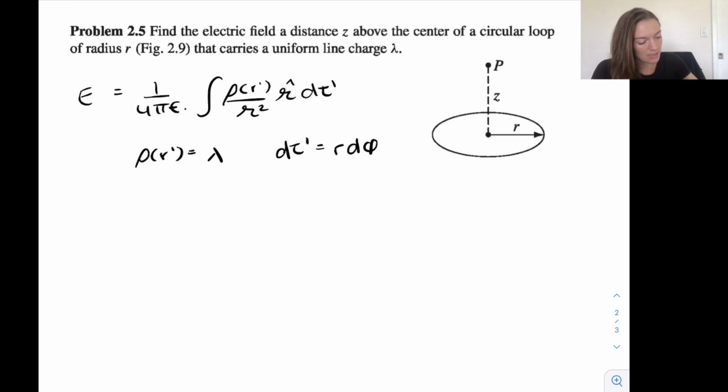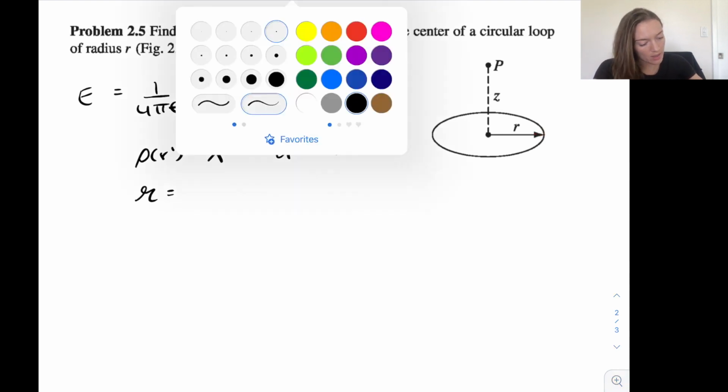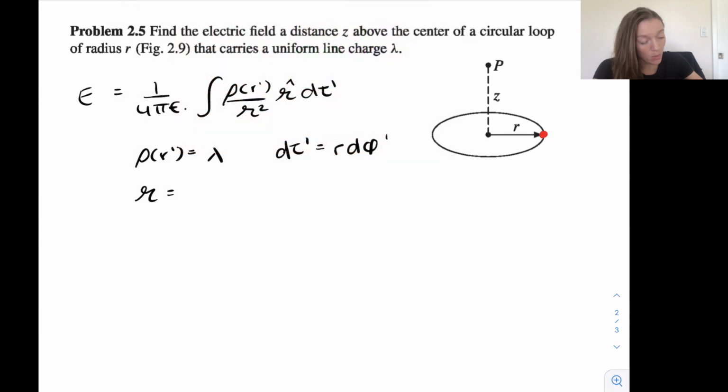I'm ignoring some of my primes. Now my fancy r. Fancy r is just the distance from your source point to your field point. In this case, we're going from some point on our wire loop to our point up here, P. I can see here that this is just going to be another right triangle.